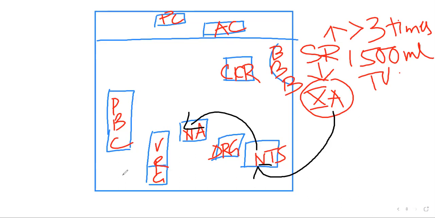Now, here you have to understand how the ventral respiratory group and the dorsal respiratory group function. This VRG and DRG will be stimulated only during exercise, not in normal circumstances. When the DRG is stimulated, the dorsal respiratory group helps to contract the diaphragm and the external intercostal muscles.